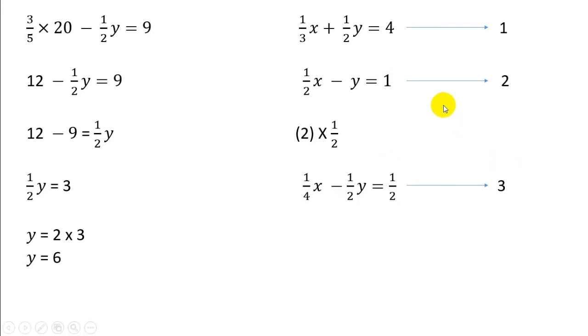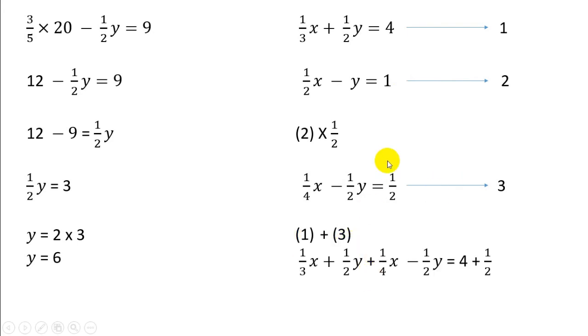So now I can take the first equation and third equation and solve this to find the value of x. When I add the first equation and the third equation, you can see that plus 1 over 2y gets cancelled with minus 1 over 2y.